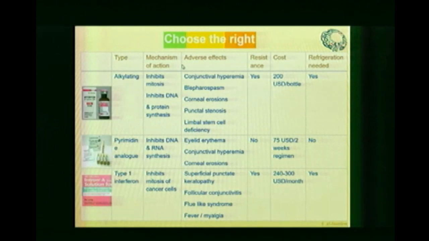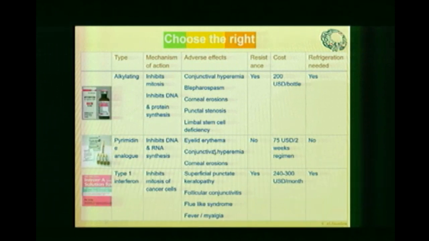For instance, mitomycin, which inhibits DNA and mitosis. The cost is $200 per bottle, and it has a lot of side effects, as you know: corneal erosions, stem cell deficiencies, punctal stenosis, and you need to put a punctal plug even before starting this therapy. What about the 5-FU? This is a very gentle medication that inhibits the DNA and RNA.